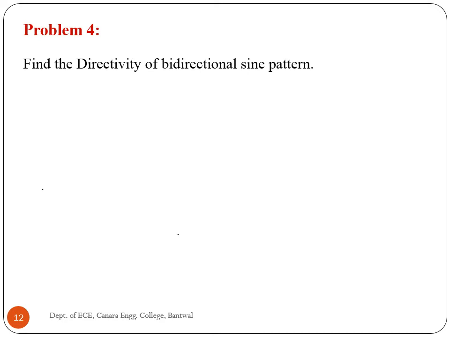Find the directivity of the bidirectional sine pattern. For that, the sine pattern is U equal to Um sin theta. It's bidirectional, therefore theta is between 0 and pi, and phi is between 0 and 2 pi.